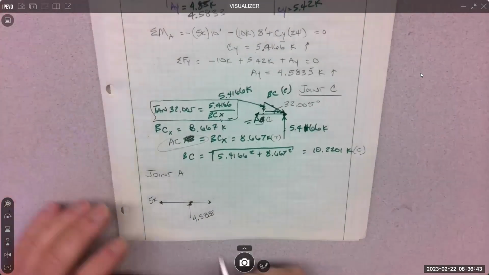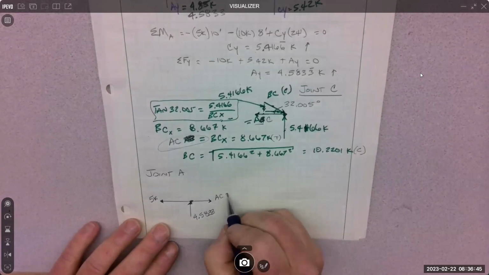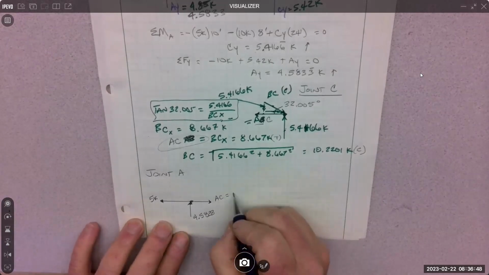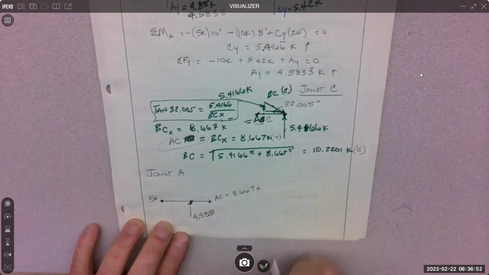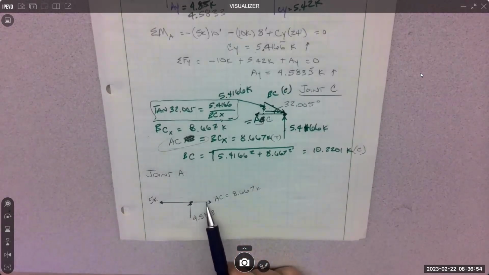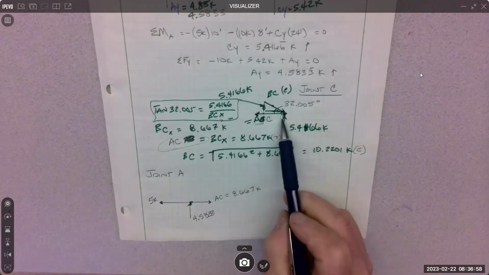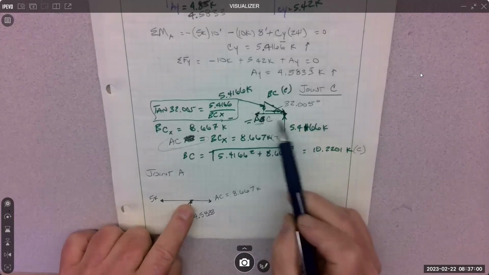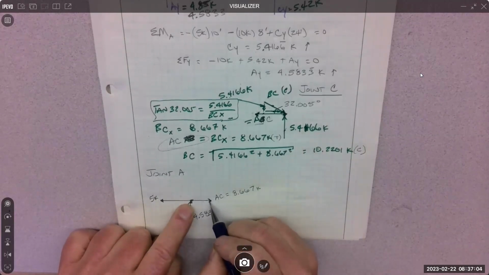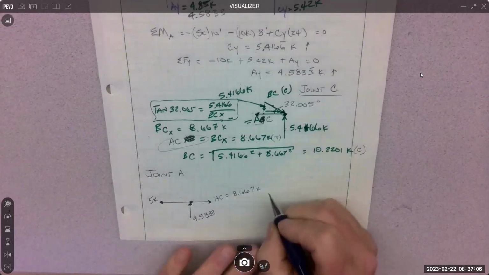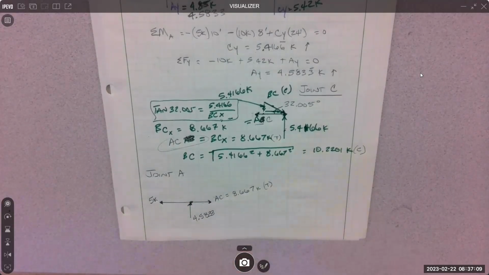So this is AC, and we calculated that at 8.667. The rule is if it points away from the joint, it has to point away from the joint at the connecting end or the other end. Makes it still in tension.